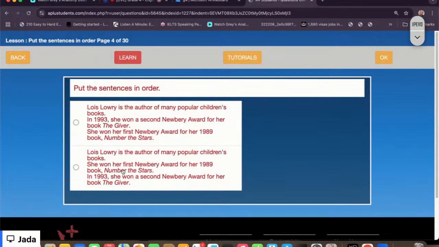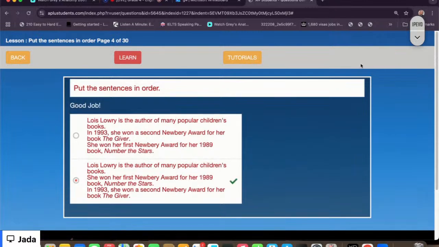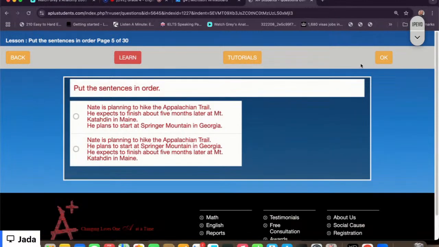So it will be the second because Lewis Laurie is the author of many popular children's books. So first she won the award before the second. So what's the right order for this sentence? Put the sentence in order.